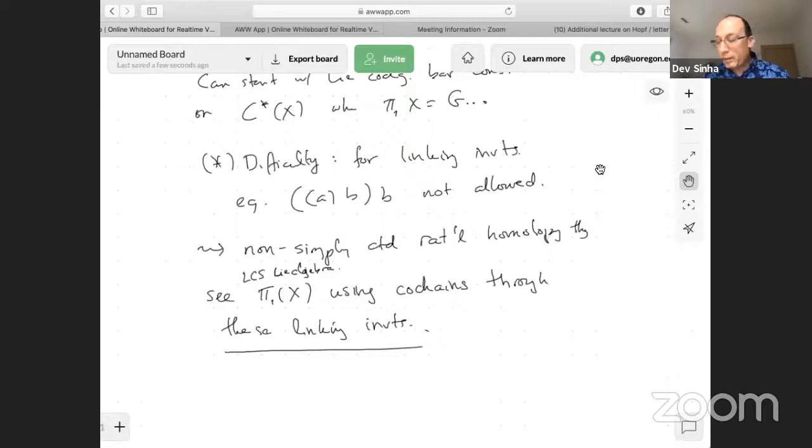And so it seems like we're coming back to non-simply connected rational homotopy in a couple of ways. And this is something now that we've got the free group setting done that we can play with.